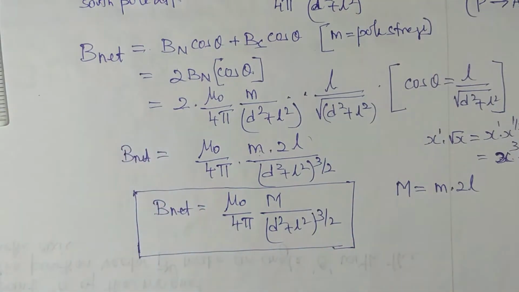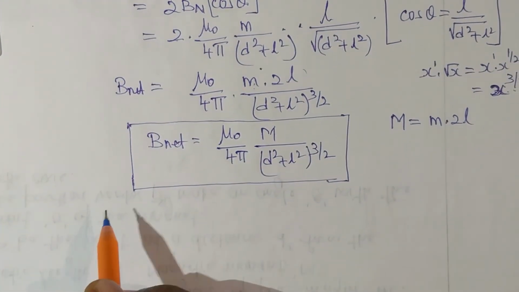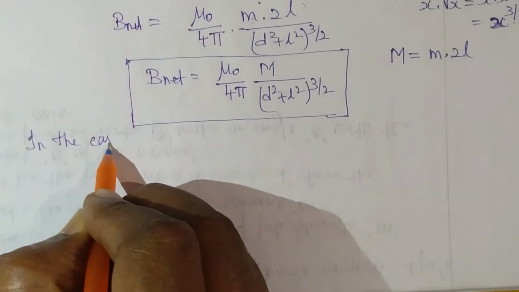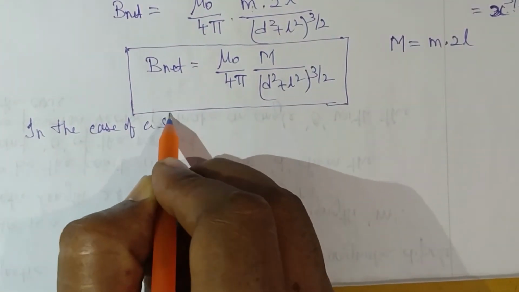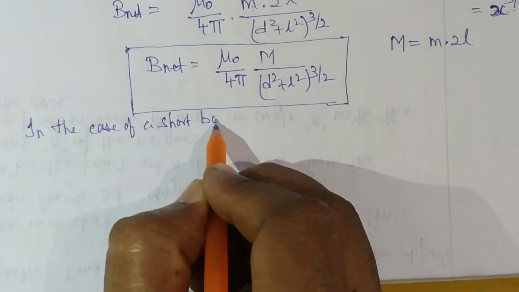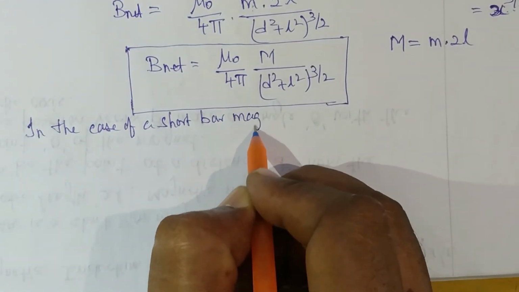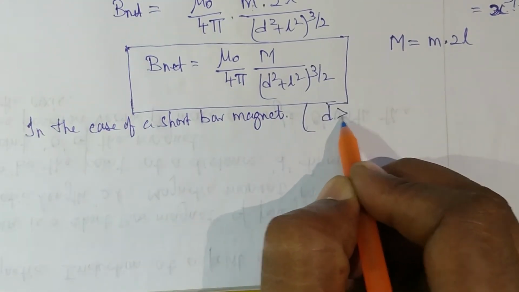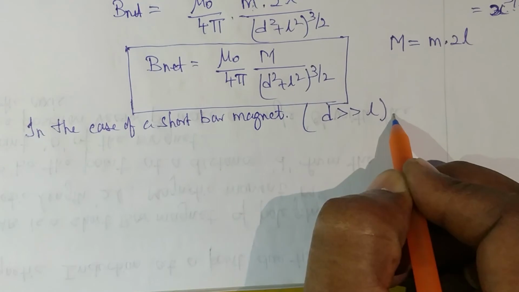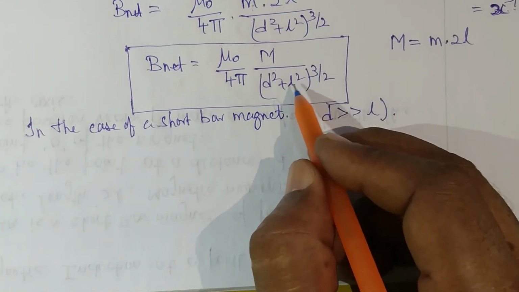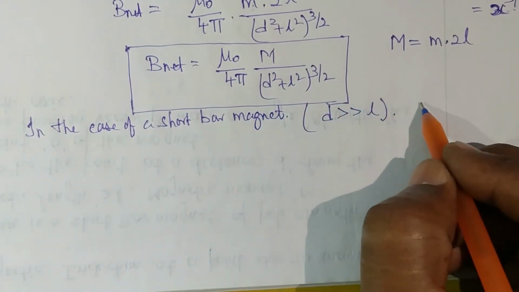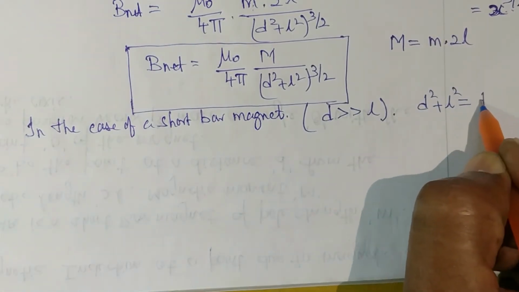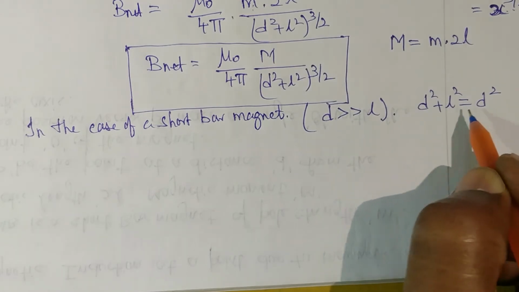In the case of a short bar magnet, you see, the distance d will be far greater than the length L. Therefore, if d is very large, then d square plus L square will be approximately equal to d square only.